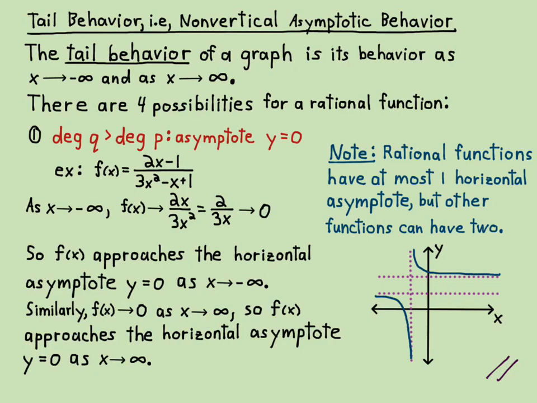And it has two different horizontal asymptotes. And you can't have three because that would force it not to be a function. You might have to think about that a little bit, because there's only two tails, a left tail and a right tail. If you had a third, you'd need a third tail, and that doesn't make any sense in 2 dimensions.